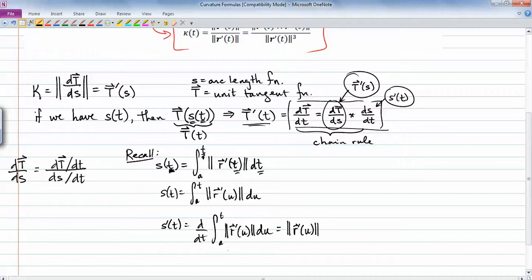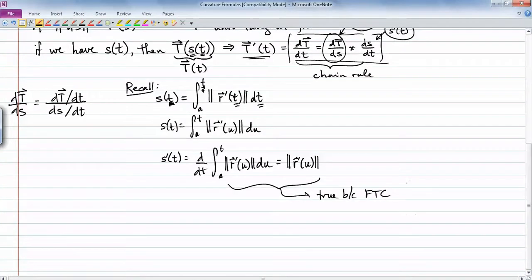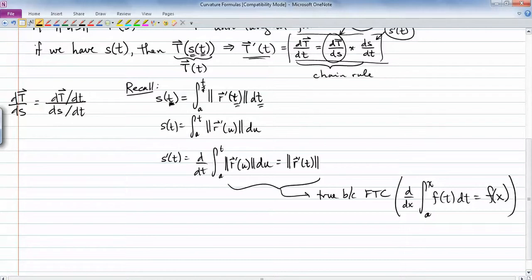This is true because of the fundamental theorem of calculus from single variable, which says that d/dx of the integral from a to x of f of t dt equals f of x. Oh, sorry, I made a mistake here. This is r prime of t. Okay, and that's using the fundamental theorem of calculus.